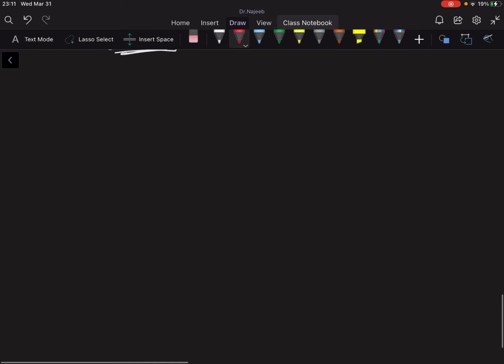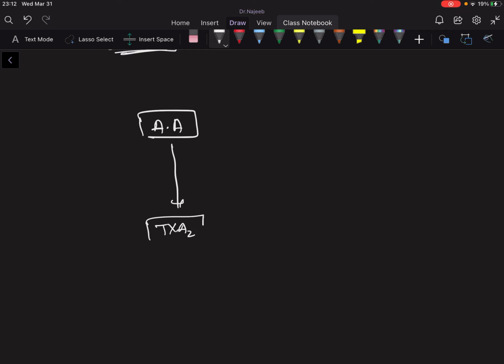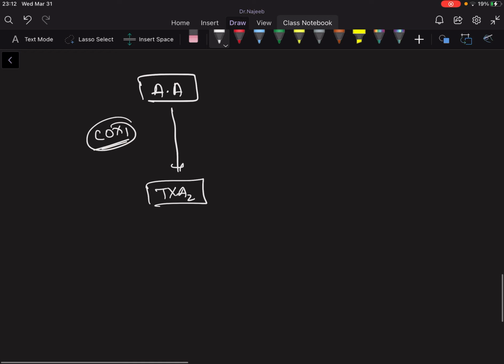First we will talk about COX1. So arachidonic acid is converted into thromboxane A2 by the enzyme cyclooxygenase 1. So what are the functions of this cyclooxygenase 1 pathway?